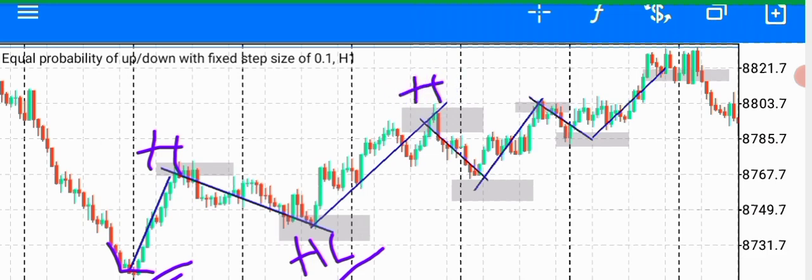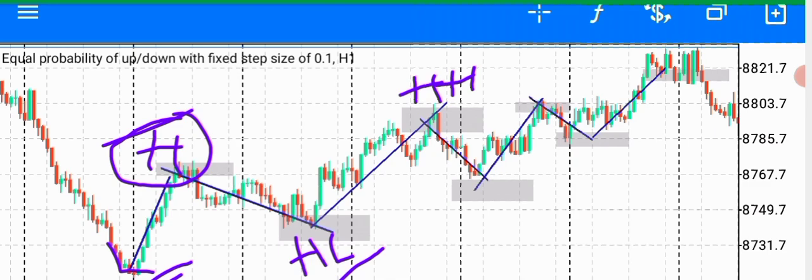We are not just going to identify this as a high, we are going to identify it as a higher high. Why? Because there is a previous high at this level, which means this high is not just a high, but a high that is higher than this previous high.